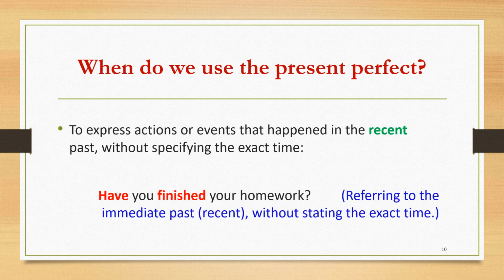And the student can answer, yes, I have finished my homework. So finishing the homework is not a long time ago, it's a recent past. It is referring to the immediate, recent past, without stating the exact time.